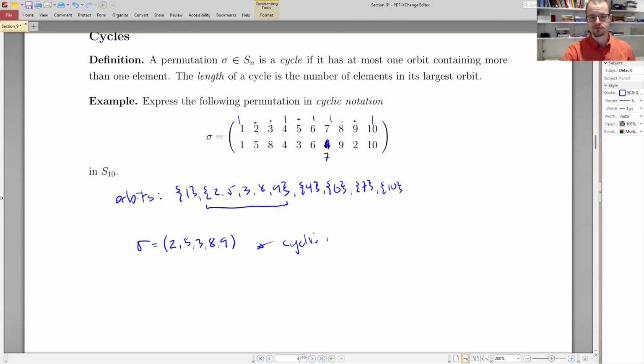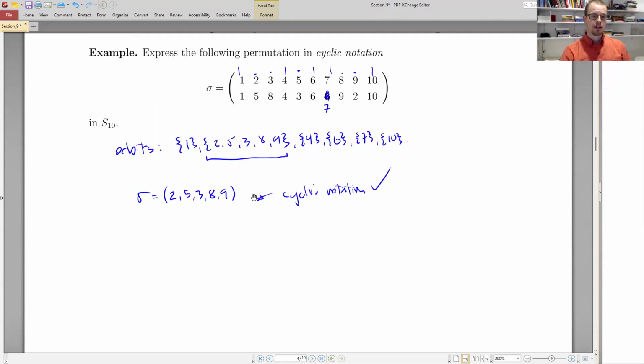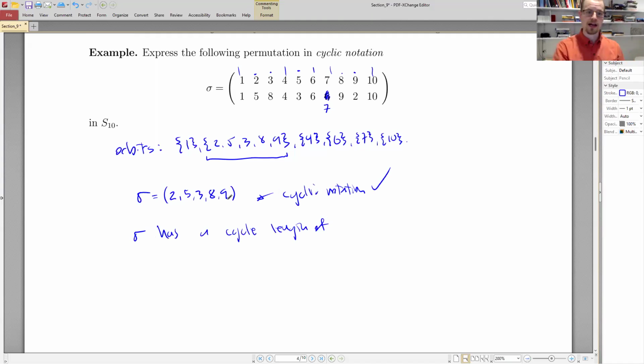Excellent. This cycle, sigma, has a cycle length of, well, how many elements are in there? 1, 2, 3, 4, 5. There's a cycle length of 5. Fantastic.